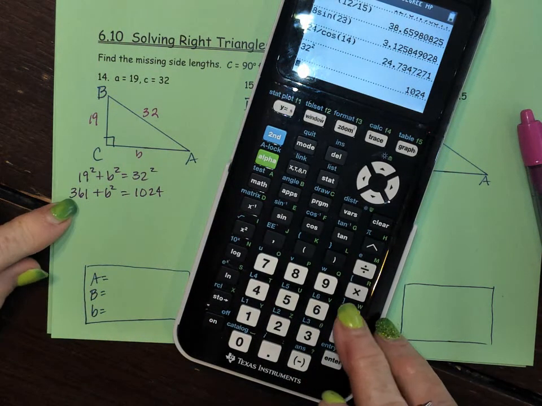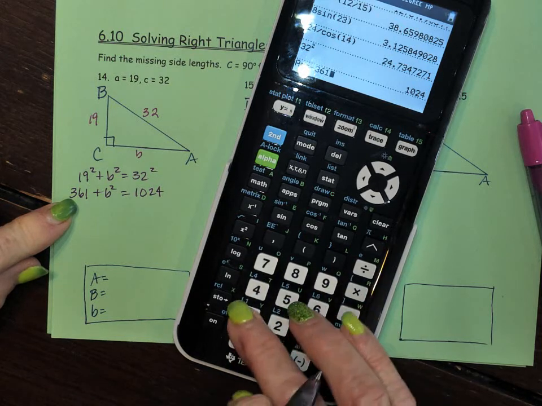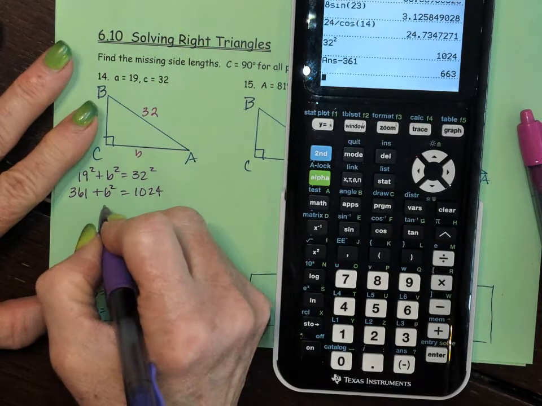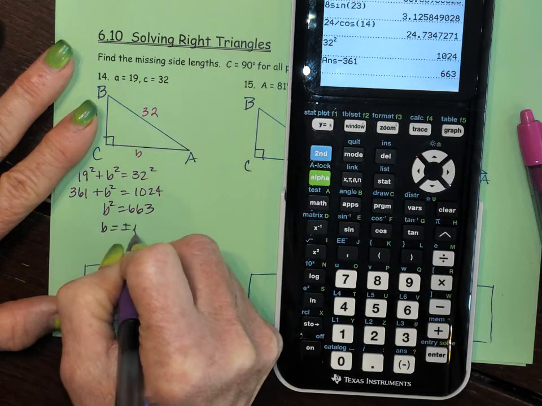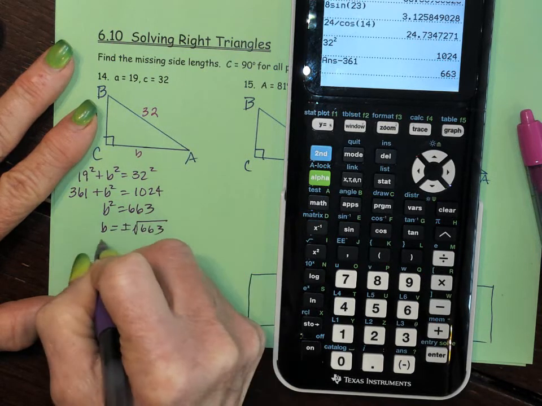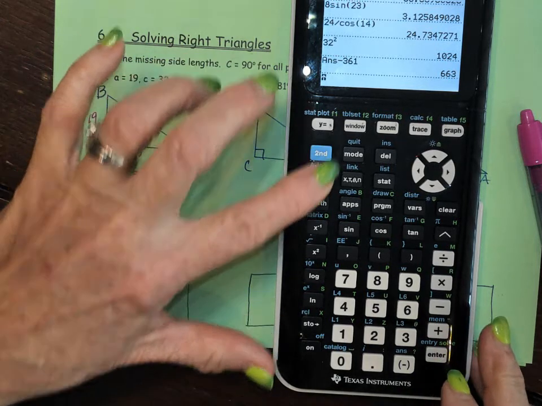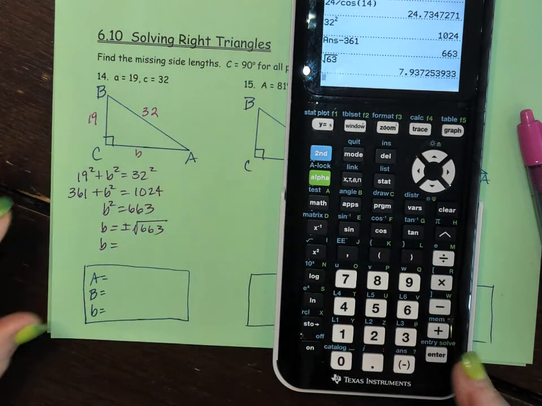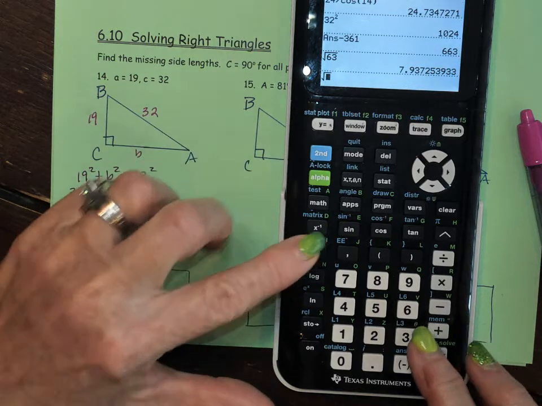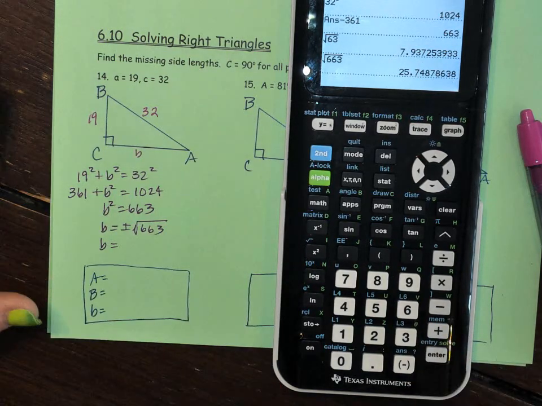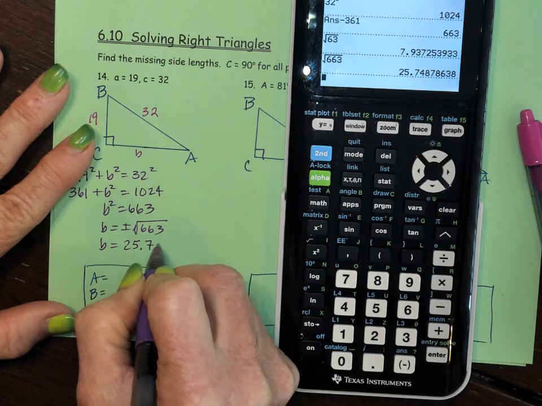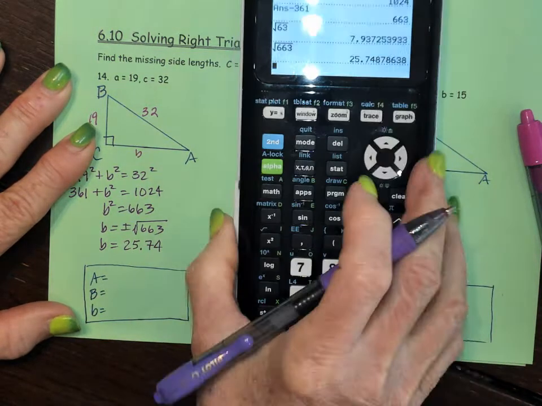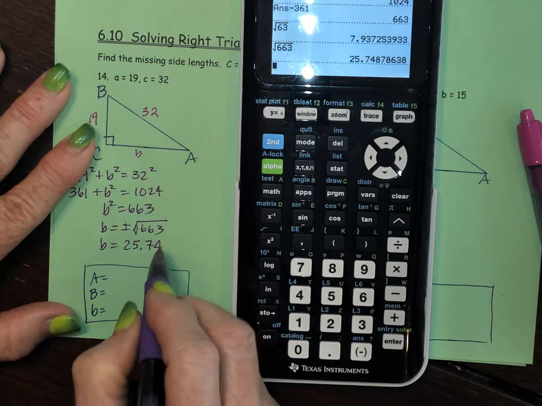Yep, minus 361 is 663. So B squared is 663. B is 25.748.